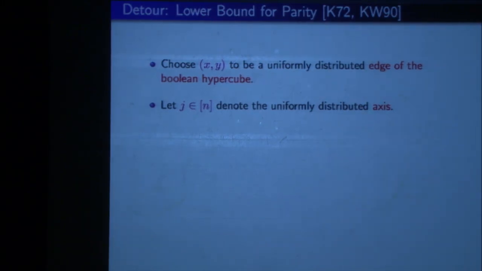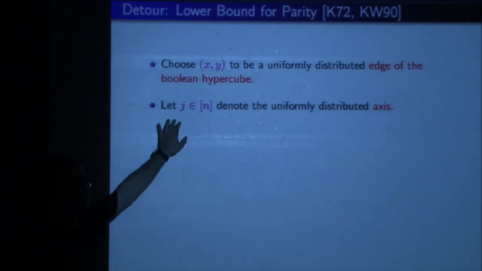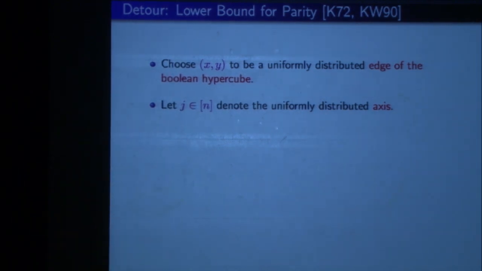Now the point is that when I'm giving Alice and Bob inputs from this distribution, the goal of the KW relation becomes to figure out what J is, because this is the only possible answer to the KW relation.